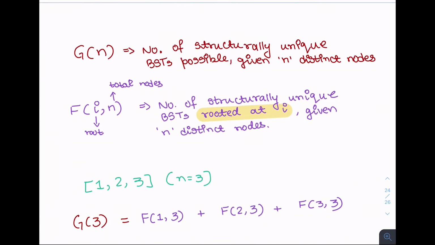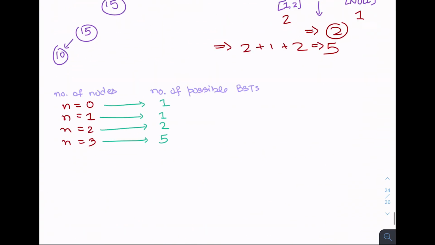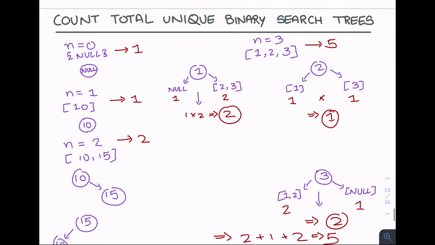So we use a new function which is f of i comma n. f of i, n basically means the total number of structurally unique BSTs rooted at i given n distinct nodes. So if we look at the previous example, we see that f of 1, 3 would be basically this entire structure, the total number of unique BSTs possible with 3 nodes rooted at the first node.